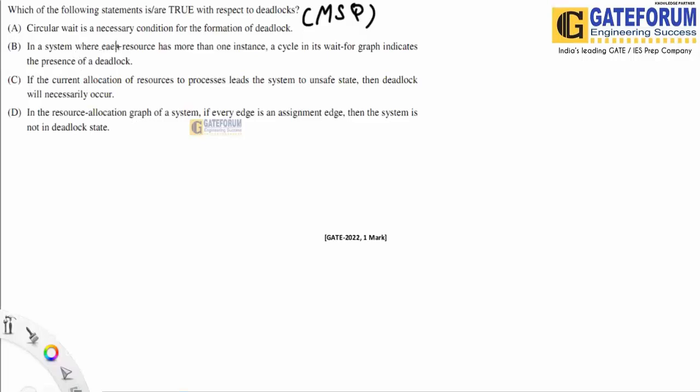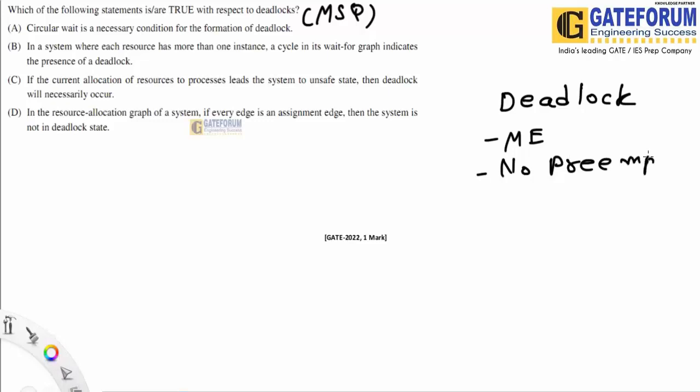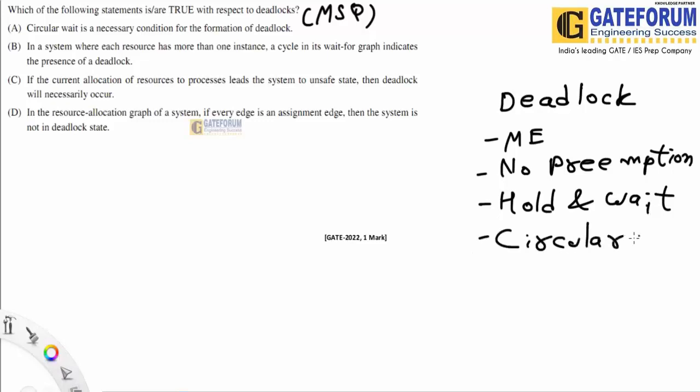The first option is that circular wait is a necessary condition for the formation of deadlock. Everybody knows that for a deadlock, we have certain conditions: mutual exclusion, no preemption, hold and wait, and the last one is circular wait.